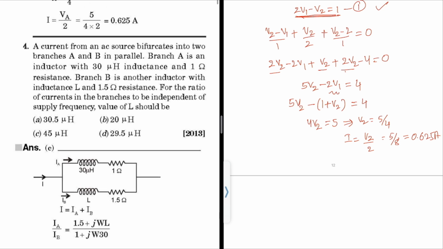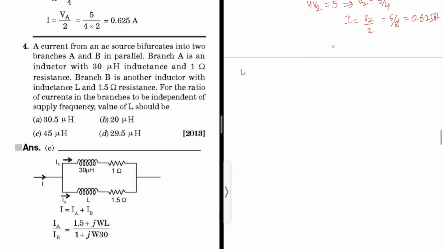Now coming to the fourth question. They stated that there are two branches, like this, and the current is supplied like this. Branch 1 has a resistance of 1 ohm and j omega L1. Branch 2 has a resistance of 1.5 ohm and L. Here L1 is given as 30 microhenry.